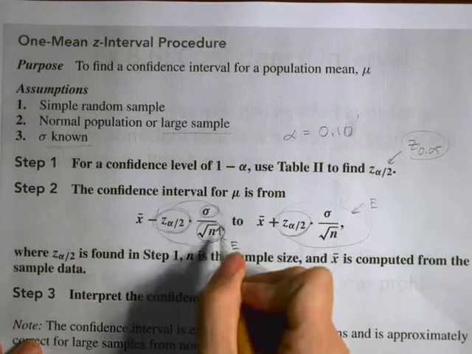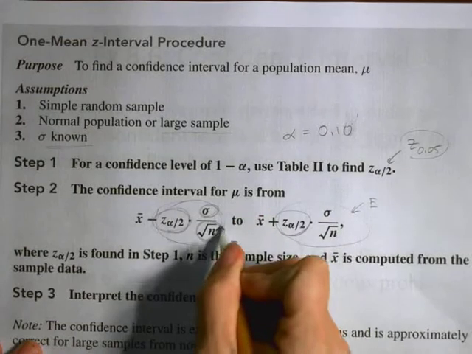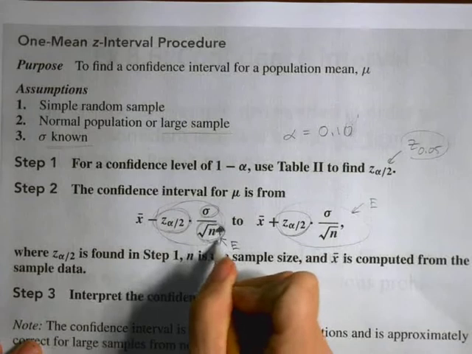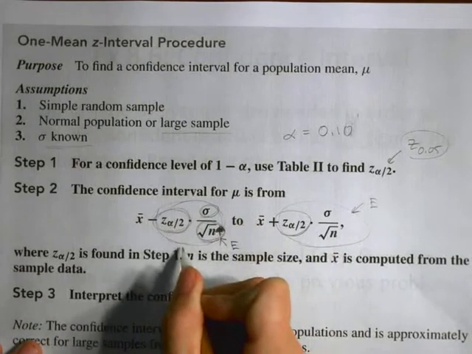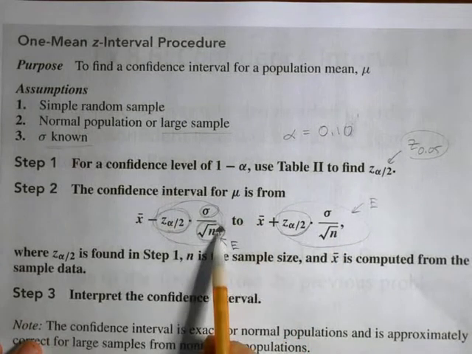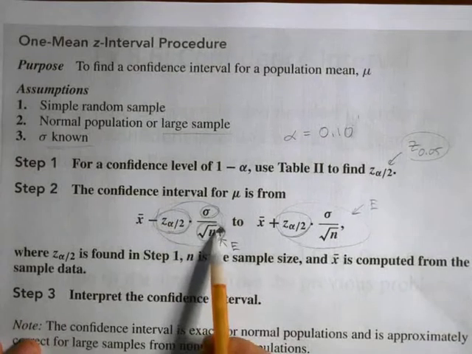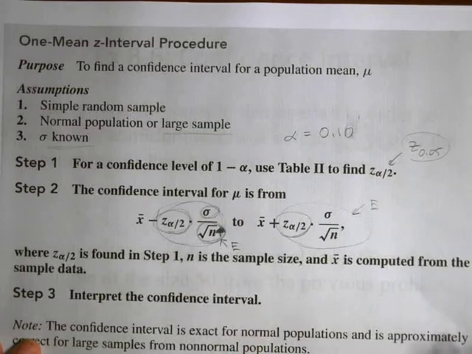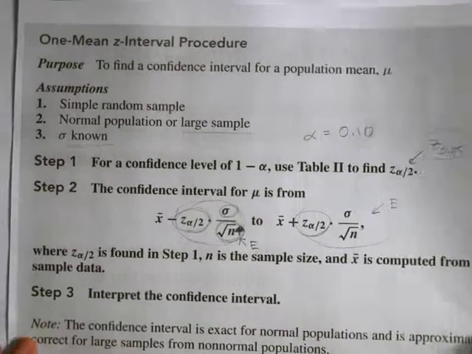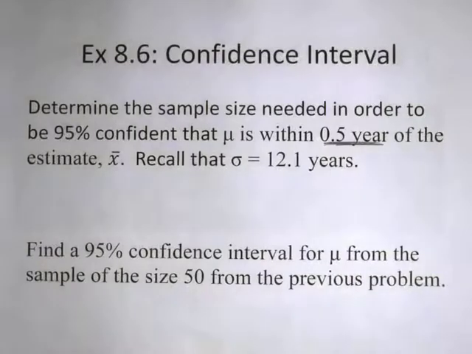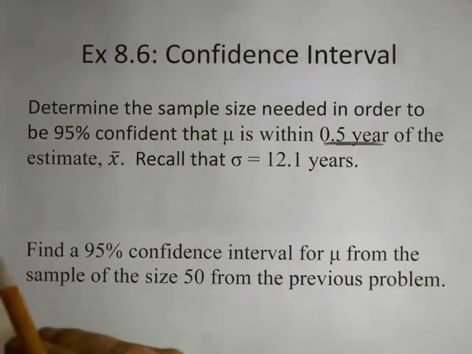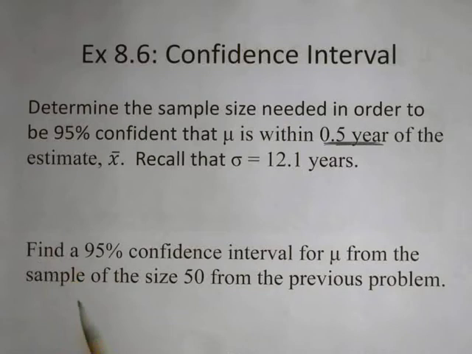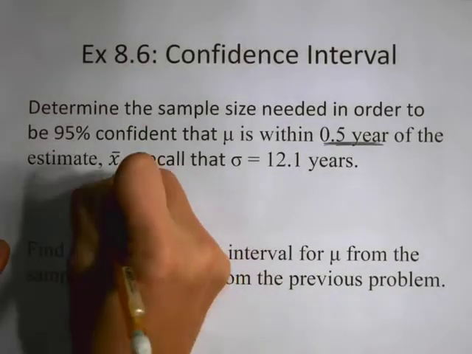As this n gets bigger, that's a number in the denominator getting bigger. I'm drawing a little up arrow here. So as this number gets bigger, this whole number here gets smaller. So there's eventually going to be a time when n is so big that it makes E be small enough that it's 1/2 of a year. So that's what the question is asking. We have to do a little bit of math to figure out how to do that.